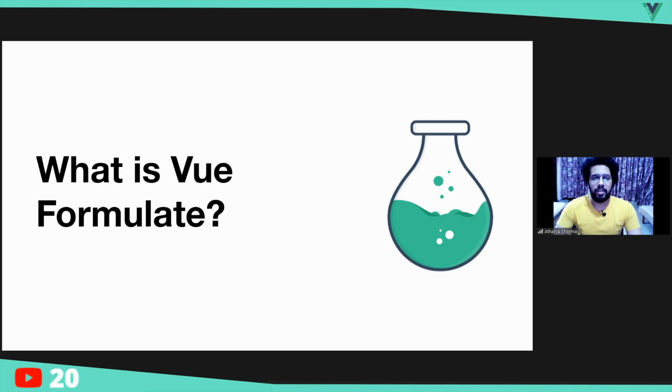And what you can do is you can create forms using the basic input-based generation, or you can also use schema-based generation, which we are going to talk about today. So schemas are just JSON objects that Vue Formulate takes in and iteratively generates the form based on that. And I'll show you an example of it.